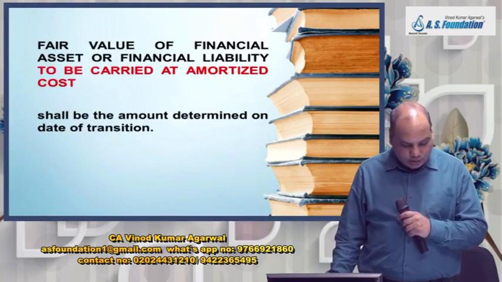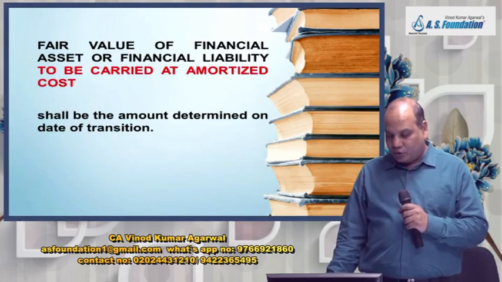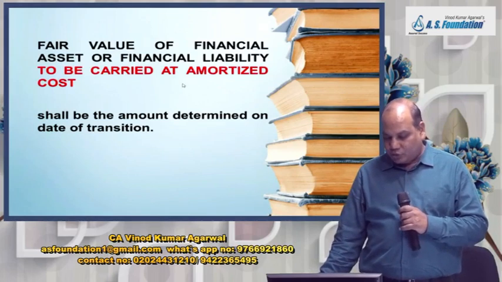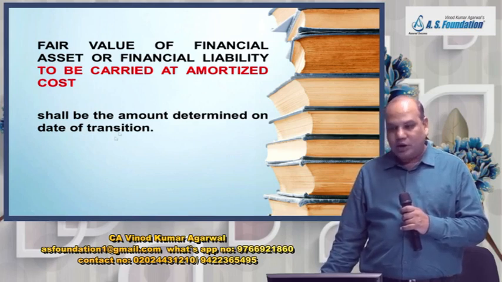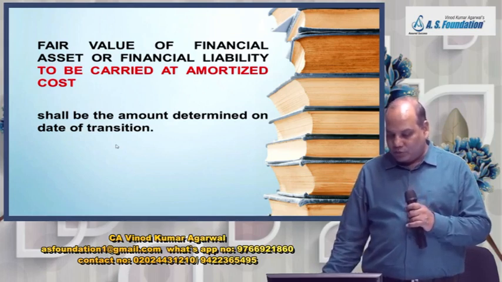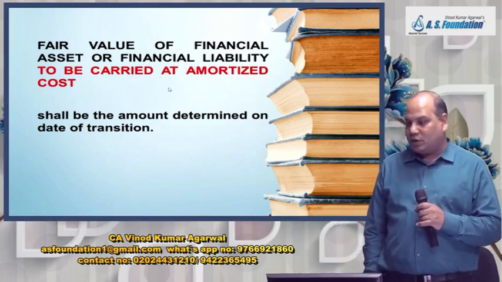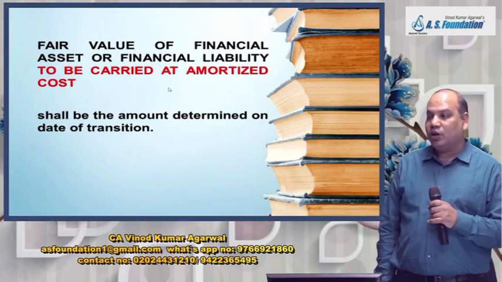Next point in the same line, the fair value of a financial asset or financial liability to be carried at amortized cost shall be the amount determined on the date of transition. You want to show some financial asset or financial liability at amortized cost now, because under IFRS there is a category called amortized cost.